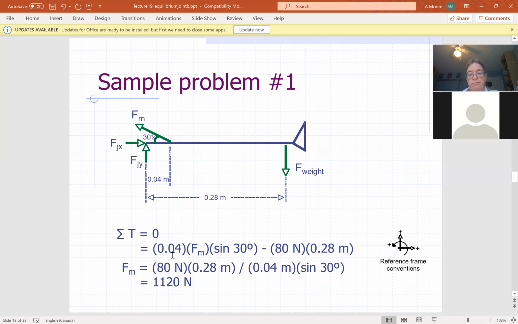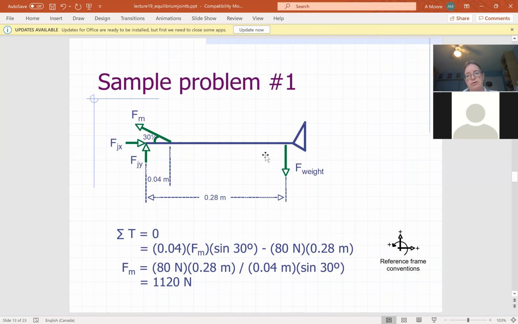Or 0.04 times sine 30 is the moment arm for the muscle, and you multiply the moment arm times the muscle force. Either way of conceptualizing it works, and you will get the exact same three things in your equation: the distance of attachment, the force of the muscle, and the sine of the angle of attachment.